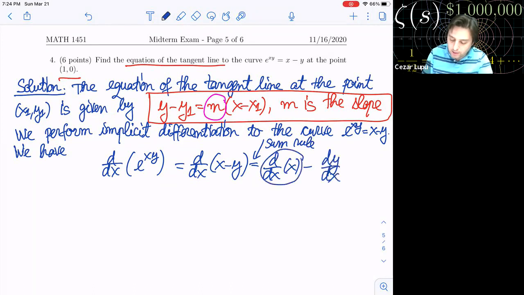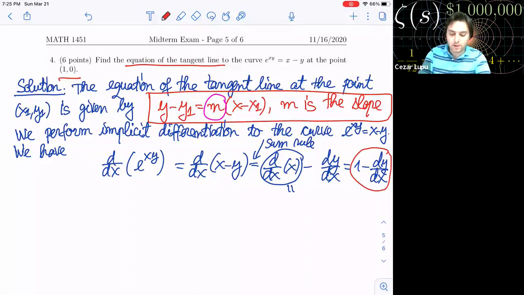This guy right here is equal to what? 1, exactly. So it's 1 minus dy over dx. Great. So we took care of the right-hand side.